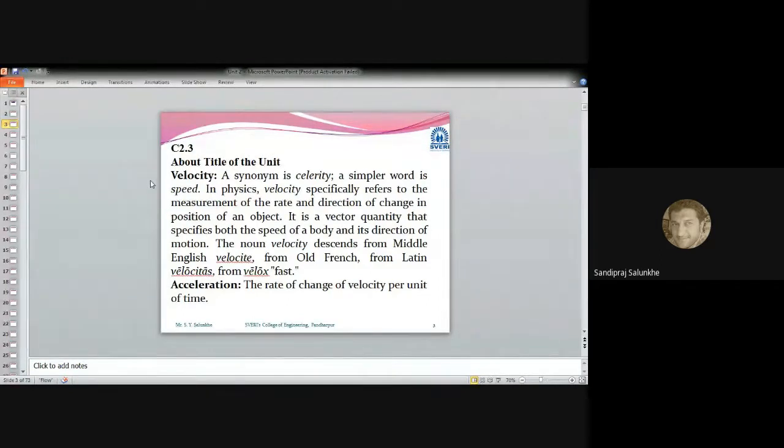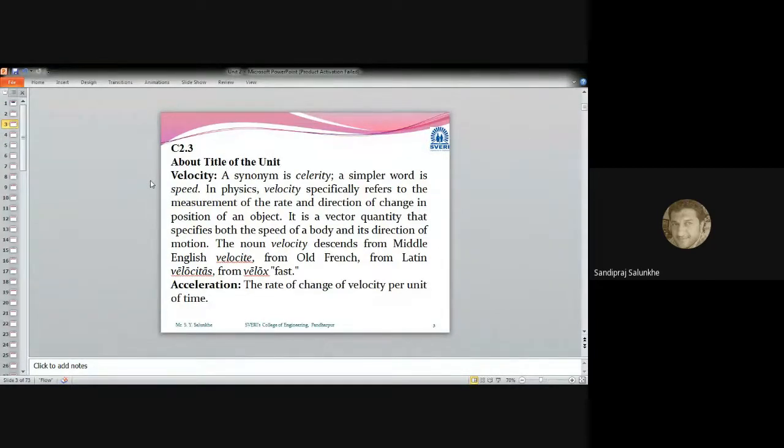The second word is acceleration. We all know that acceleration is the rate of change of velocity. In terms of mathematics, it is the double derivative of displacement. If you take the derivative of velocity, it becomes acceleration.